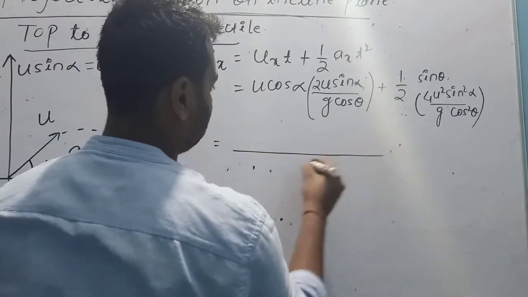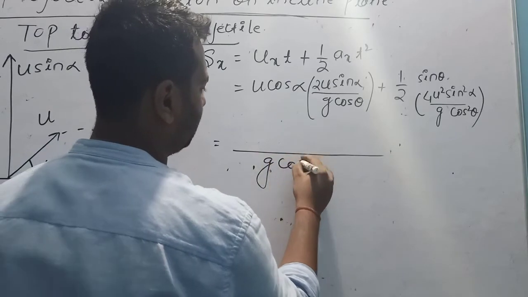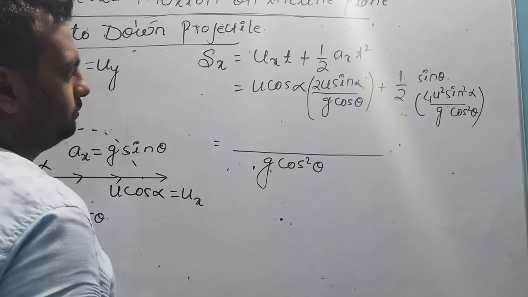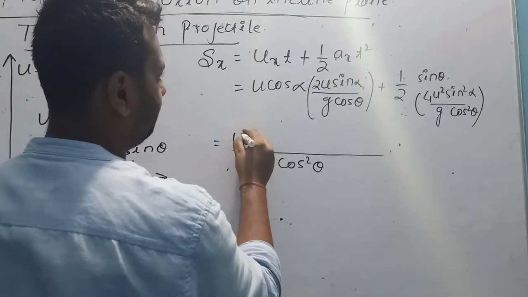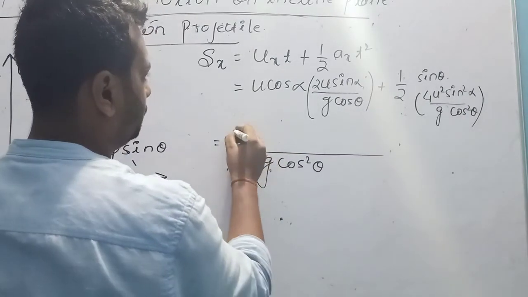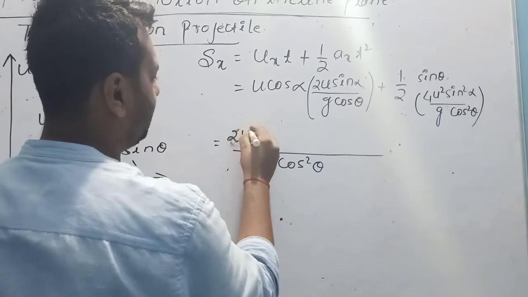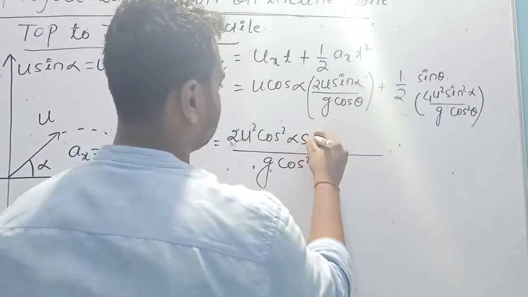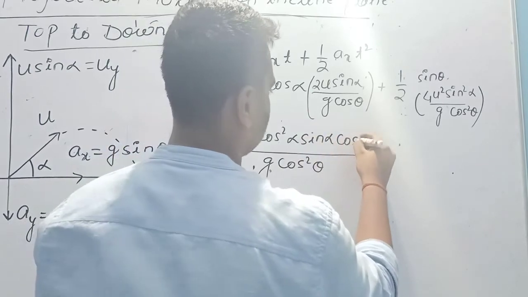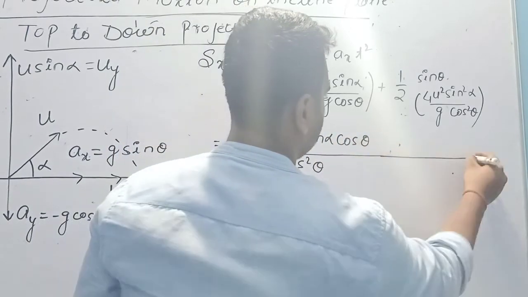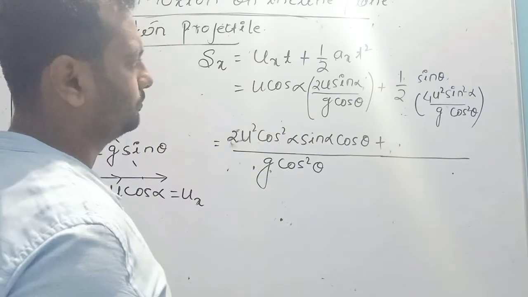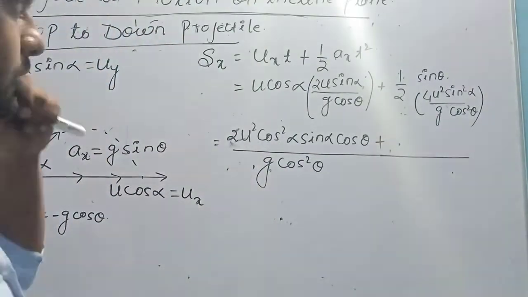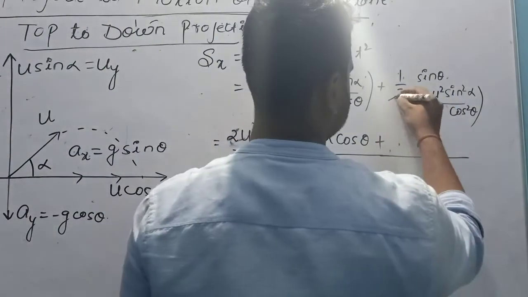So by taking LCM, in denominator g cos square theta, only cos theta will be left. 2u square cos square alpha into sin alpha into cos theta plus, this 2 will again cancel out.